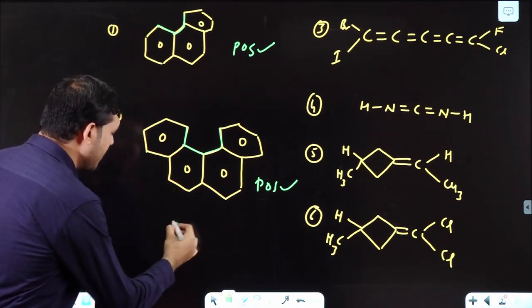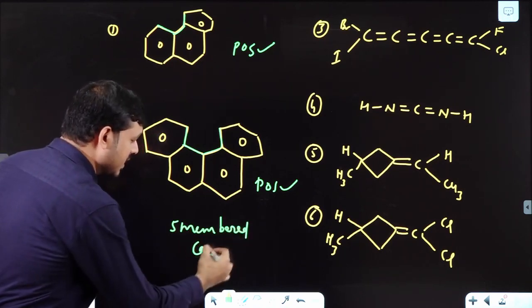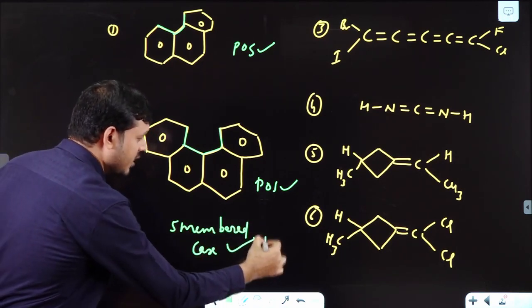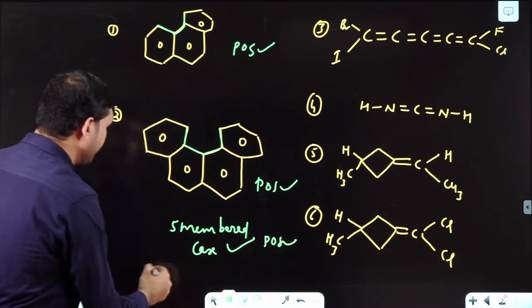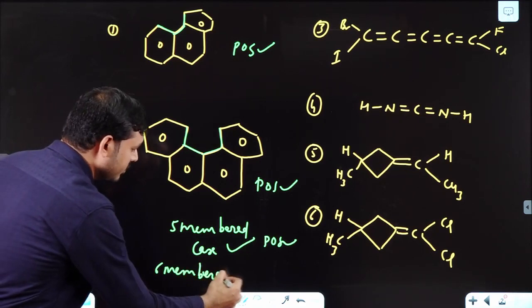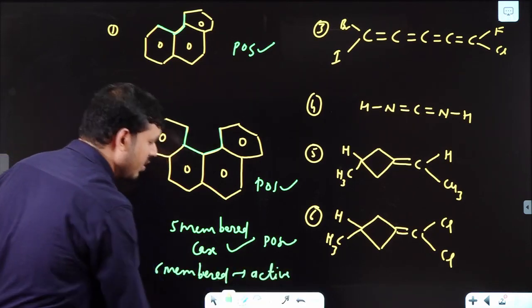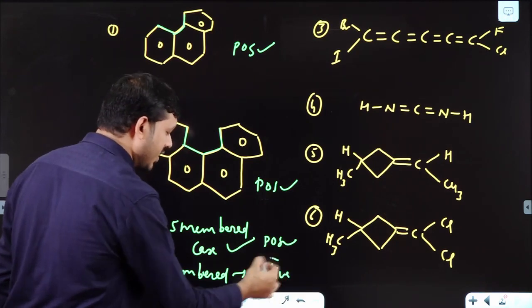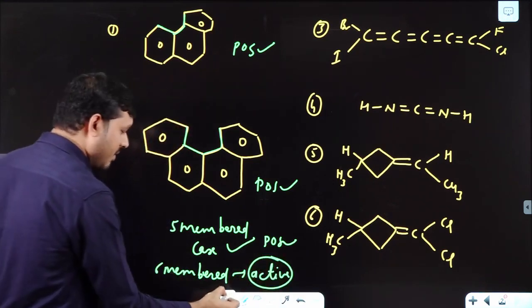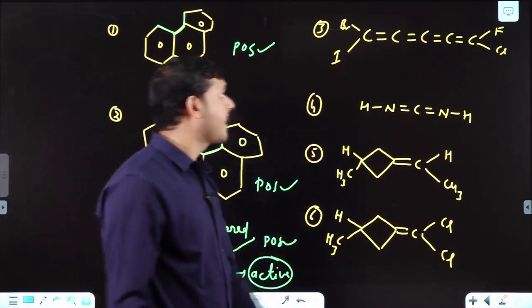If you make a 5-membered case, that will be optically inactive, POS will be there. But if you draw a similar 6-membered case, then it will become optically active because no POS, no COS in the 6-membered ring, remember. Clear? Now check this case.